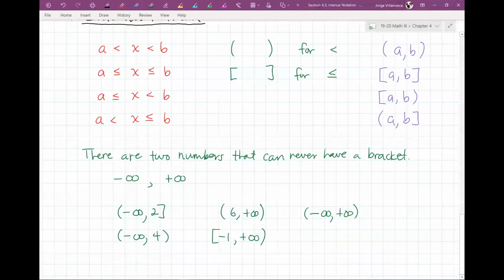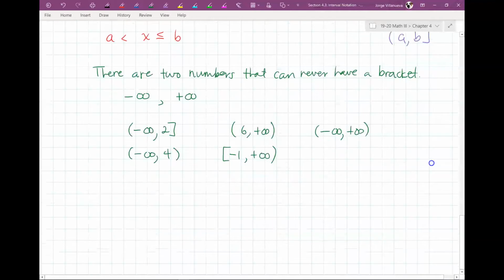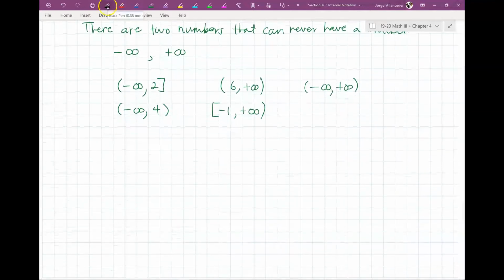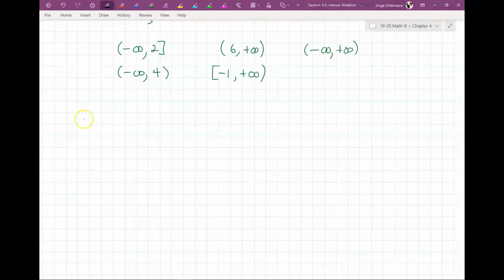So again, this is called interval notation. Now, there's a couple ways that they might make us do it. First off, let me show you here. So example number 1.